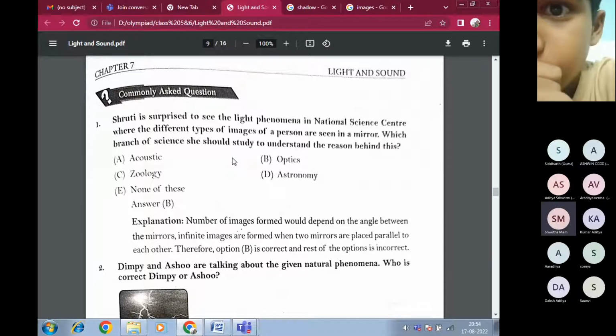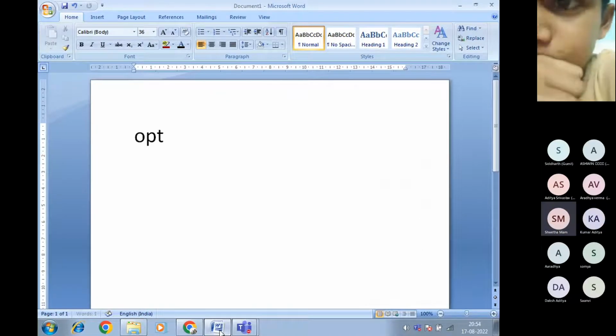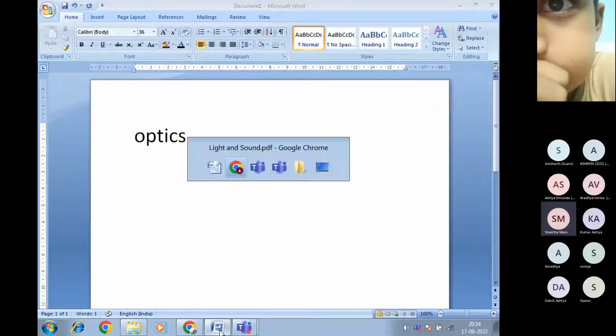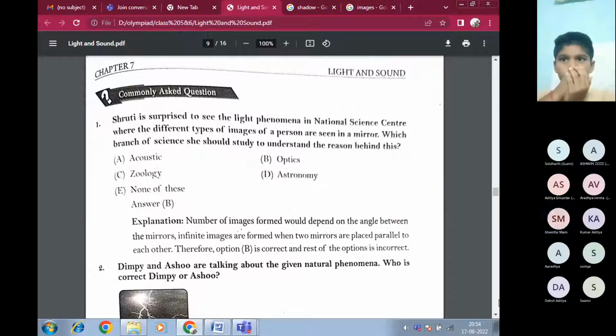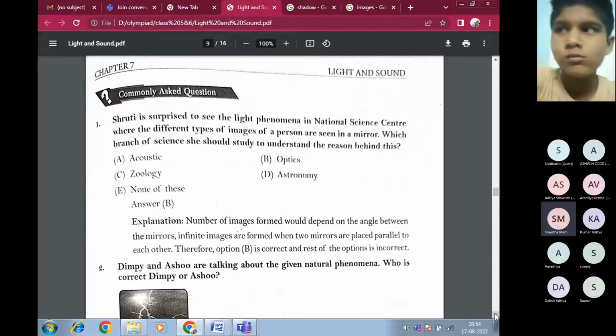Whatever you study about light, you call that optics. Optics means anything related to light. So if she wants to know more about light properties, the answer is optics. She has to choose optics.